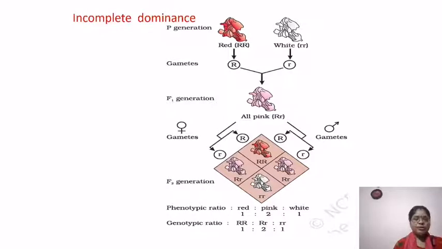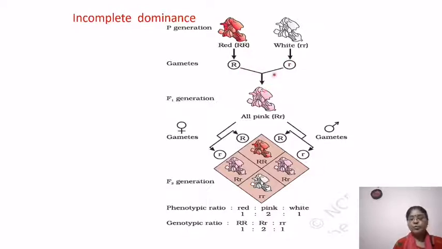Now if you take this case, here it is the case of Snapdragon or Mirabilis jalapa. This is given in your NCERT book, so from there only I have taken it. In this diagram, if your red plant is crossed with the white plant, the gametes will be formed, capital R and small r, and now you know how to form the gametes.